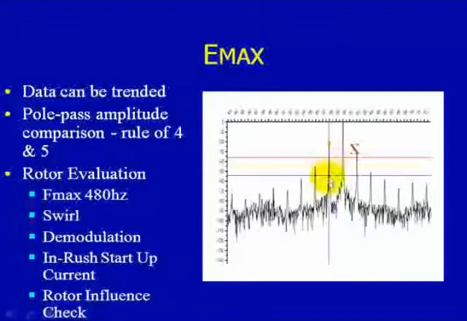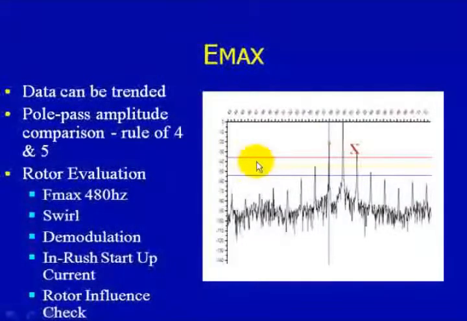And in this case here we have an X on our pole pass frequency, and you can see PDMA puts in our observe line or our caution line or our severe line. So as the problem gets worse, or if you have a single cracked bar or multiple cracked bars, you'll start to see this pole pass frequency develop more energy and stick out from the baseline or the noise level of the spectrum. We don't want to stop there.